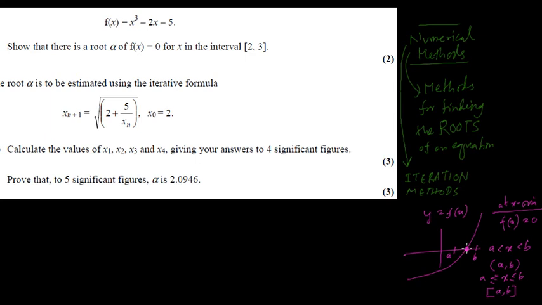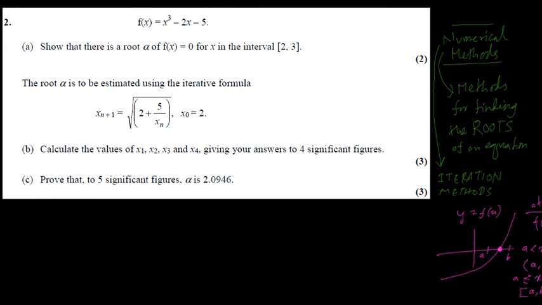And that physical cutting at the x-axis is graphically the root, which is algebraically the root. Graphically, it is actually a point where it cuts somewhere. So this is important that you remember it.